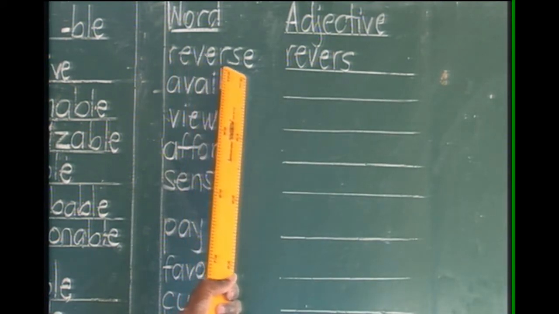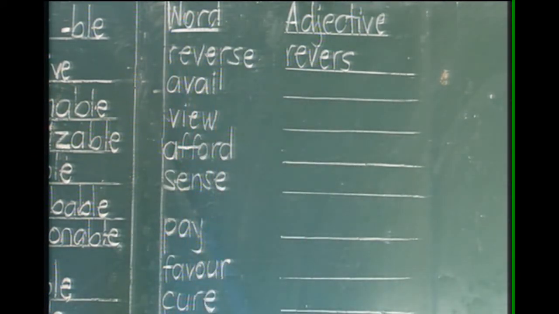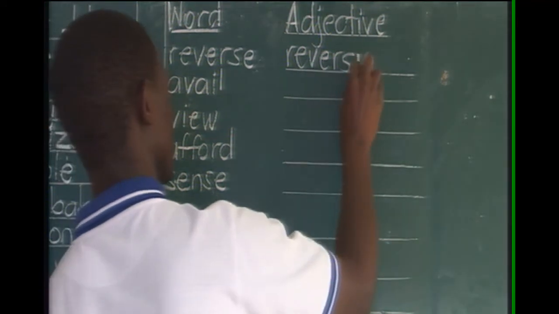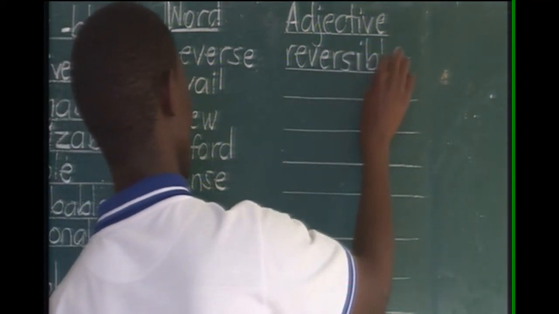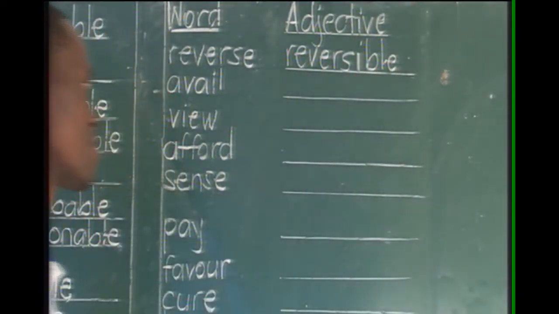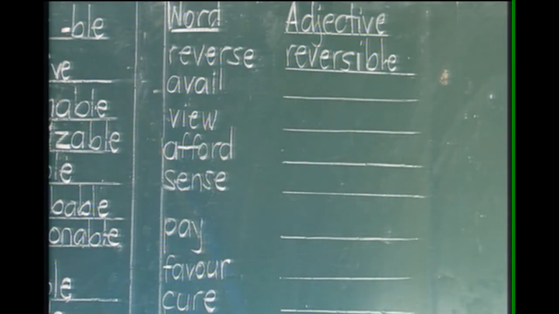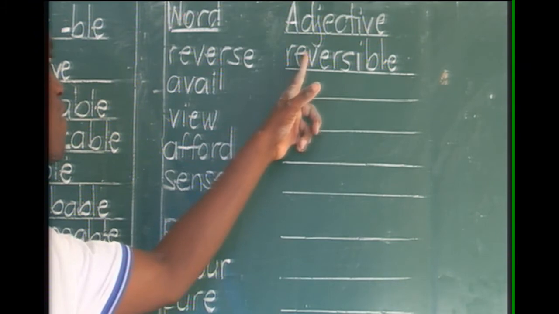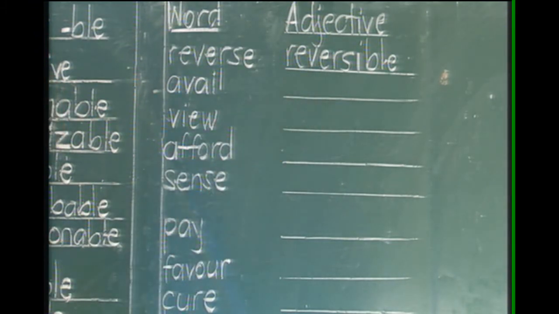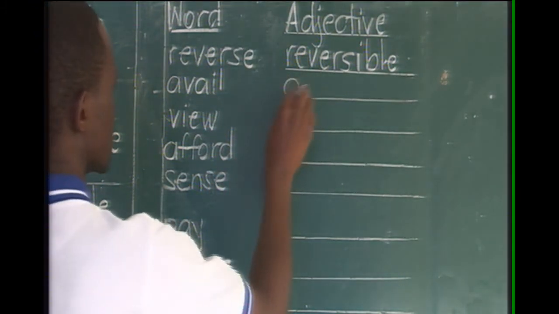From reverse, they tell you the adjective is reversable, but they are not right. The adjective is reversible, that can be reversed. Anything that can be reversed is reversible. Next is avail, where the adjective is available.